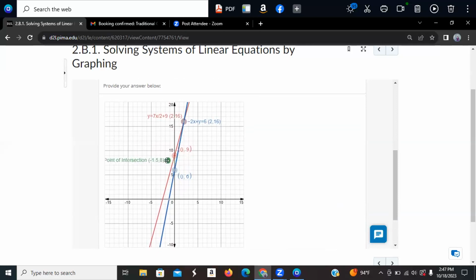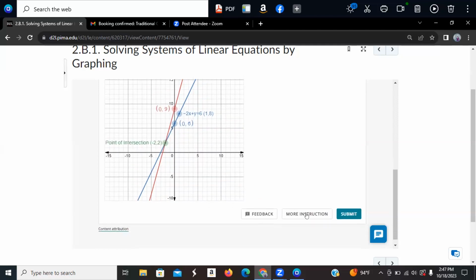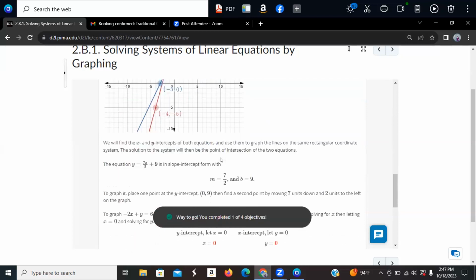Oh, you gotta put that, yeah, you gotta put that green dot where they intersect. All right, good job.